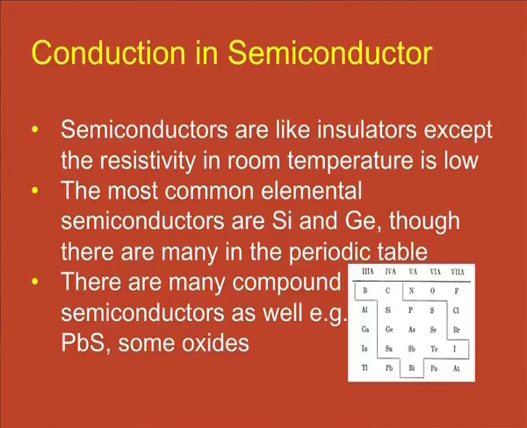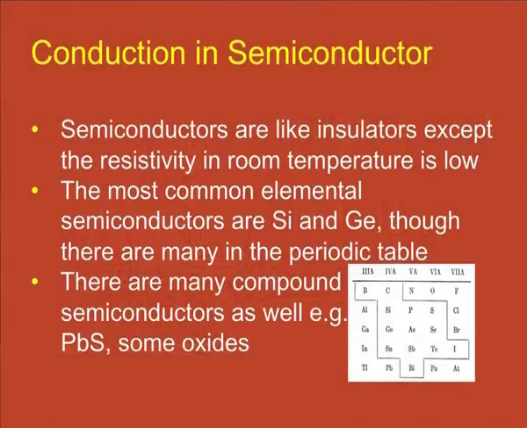As you can see in the image, these elements inside the box in the periodic table are considered semiconductor elements, but mostly the semiconductors used are silicon and germanium.